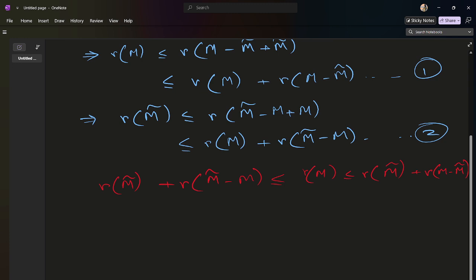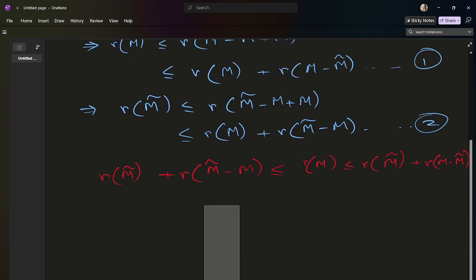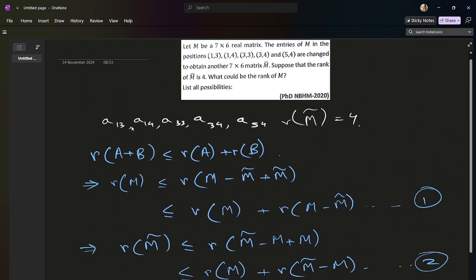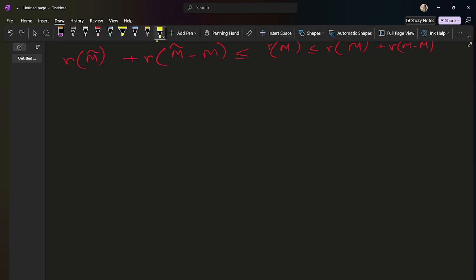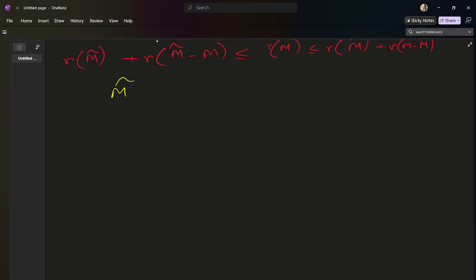Then I have to think about the matrix. So the matrix M cap minus M will be what? As to the positions, we are changing these numbers: A13, A14, A33, A34 and A54. This can be a 7 cross 6 matrix.